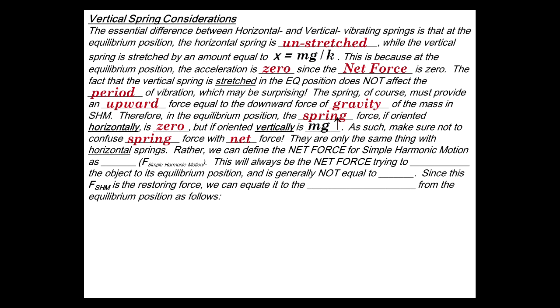So net force for simple harmonic motion. I'm going to call that F_SHM, the simple harmonic motion force, or the restoring force. That's kind of nice, isn't it? This will always be the net force trying to restore the object to its equilibrium position, and generally it's not just minus kx.